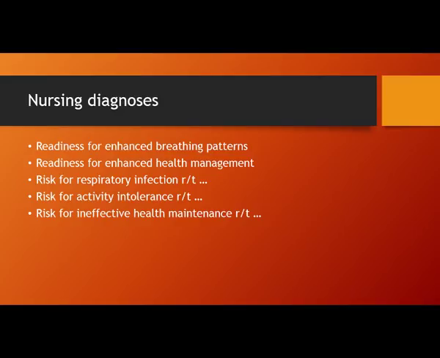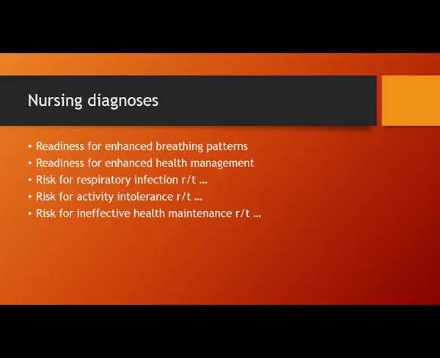Risk ones: risk for respiratory infection related to. Well, what could it be related to? One thing would be if you're living in poor conditions and other people around you have respiratory infection, like if you're living with people with tuberculosis, that would be a risk for respiratory infection related to close contact with somebody with tuberculosis.